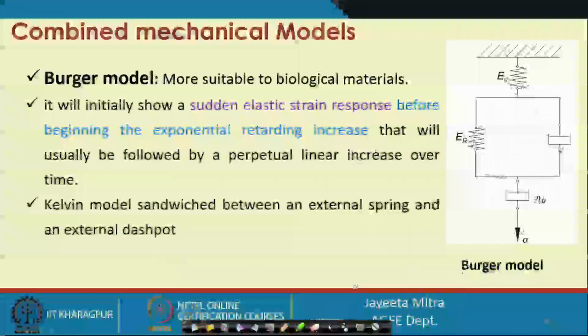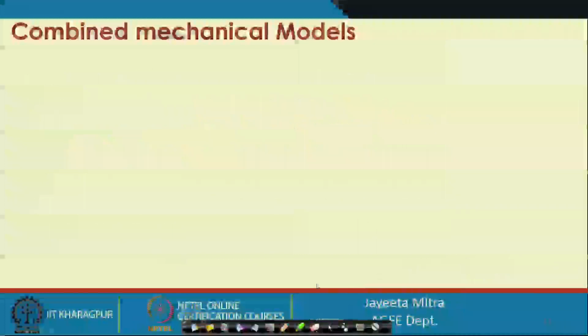Here the Kelvin model is sandwiched between an external spring and an external dashpot. E0 and Er are the spring constants, and in this combined model eta 0 is the viscosity coefficient of the external dashpot.